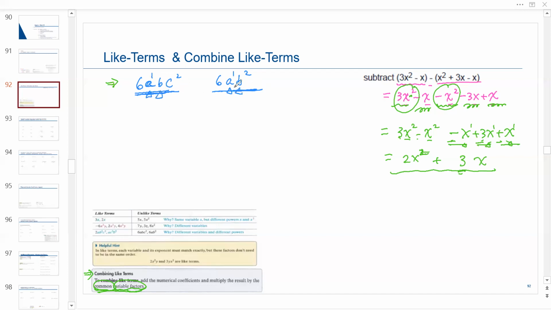B, you have the B variable as well, but here is 1, here is 2. They are different. They are already different, right? Because this one has two variables and this one has three, the degree is different. They are not exactly the same. Other than the coefficient, the rest is not exactly the same. This one has a third variable, but here we don't have it. Definitely they are different. They are not like terms.